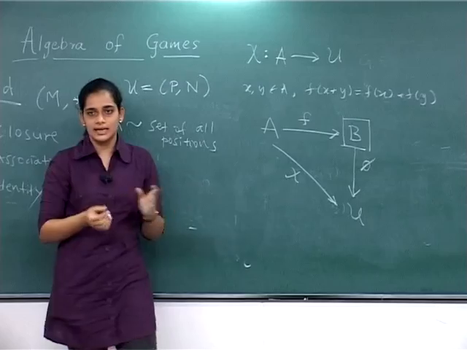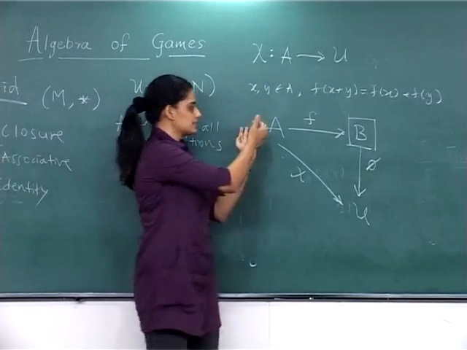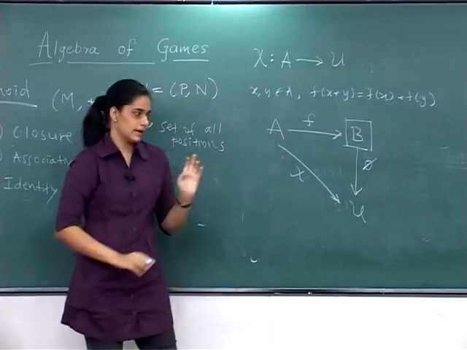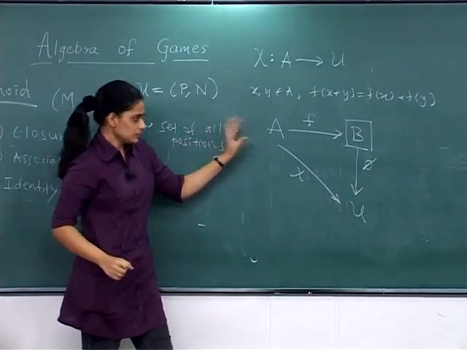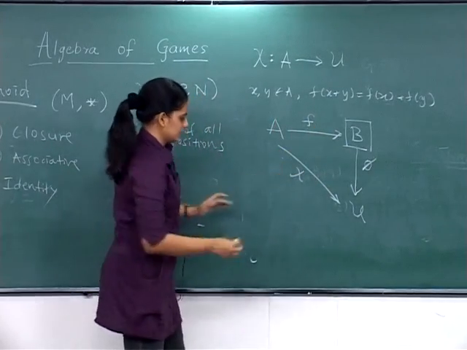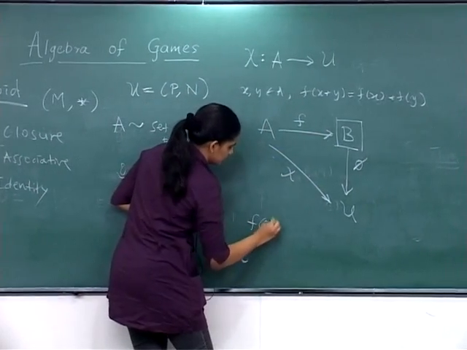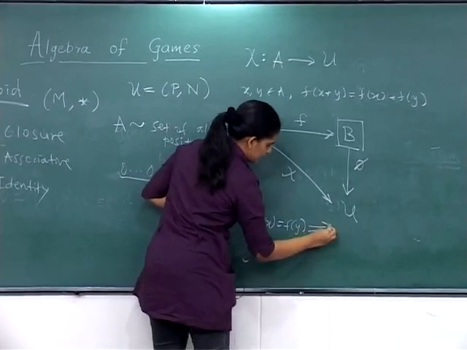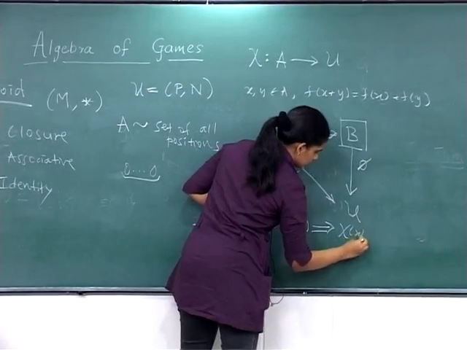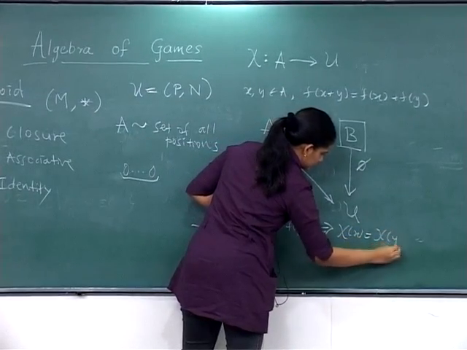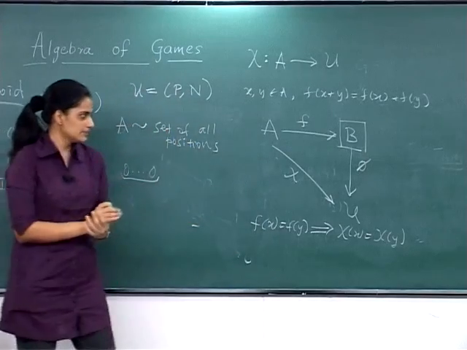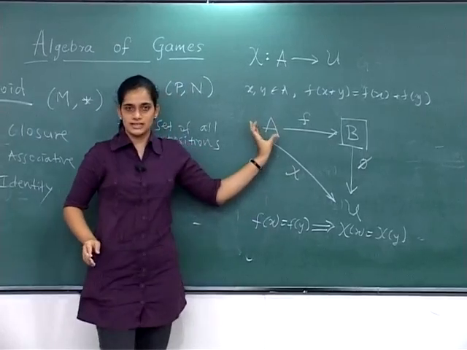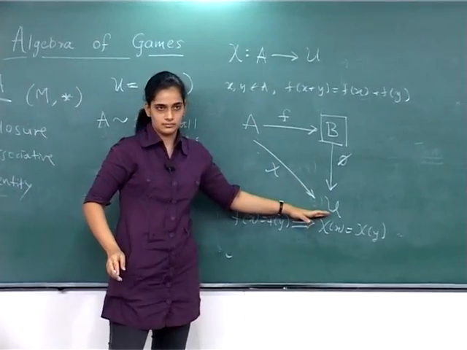So f, as the name suggests, literally refines the positions that are available in A. f and xi satisfy this property: whenever f of x is equal to f of y, that implies that xi of x is equal to xi of y. This means that whenever f values of two positions are the same, they map to the same outcome.